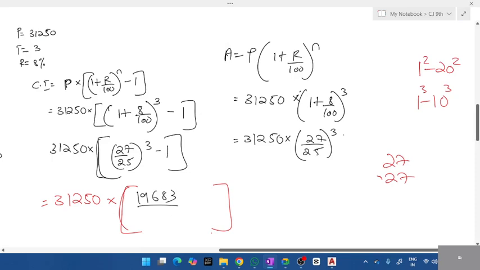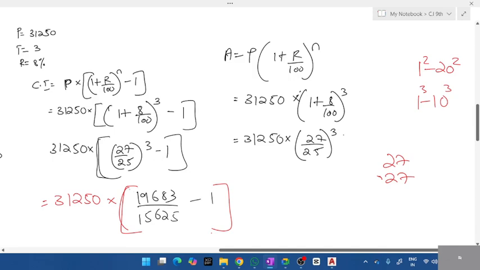Find the value of 25 cube. Okay, 15,625. And can you see minus 1 is given?